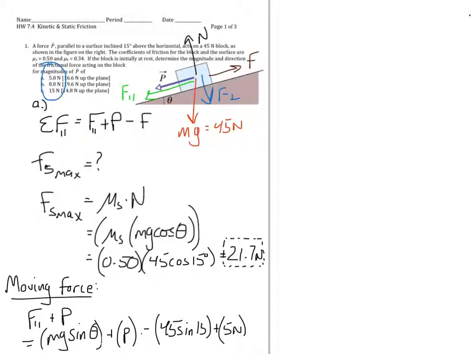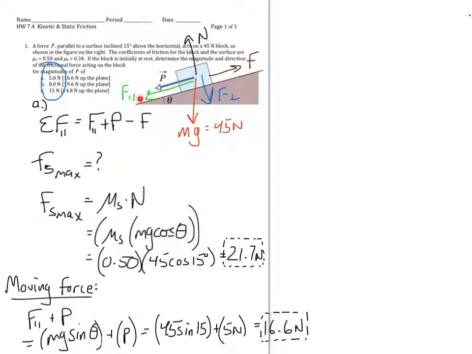So what does that add up to? I get that it adds up to 16.6 newtons. All right? So here's what this means. There's 16.6 newtons of force trying to move it downhill. That's the P, and it's the force parallel, right?